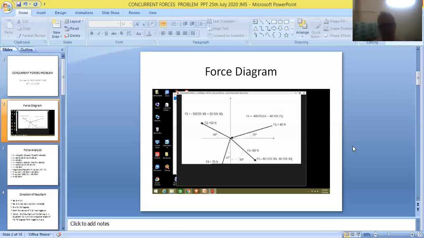So these are the rules to be adopted not only for this problem. These rules will be useful for all the problems pertaining to force systems.